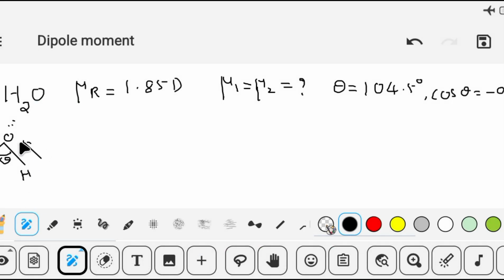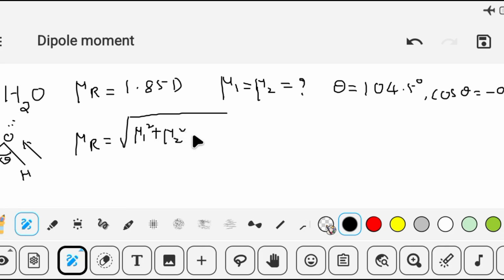To find these bond moments, both equal, we substitute all these values in the formula: mu r equals square root of mu1 square plus mu2 square plus 2 mu1 mu2 cos theta.